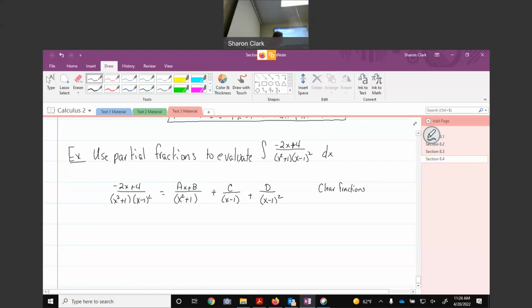But why is that? Because if you have an irreducible quadratic, there's a possibility of a linear factor above. So you have to do the ax plus b. And it may be that the a goes to 0 and just leaves a b, a constant on top. We don't know. But there is a possibility that the top could be a linear factor.